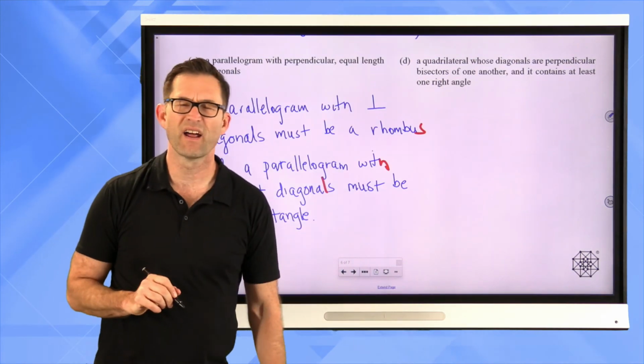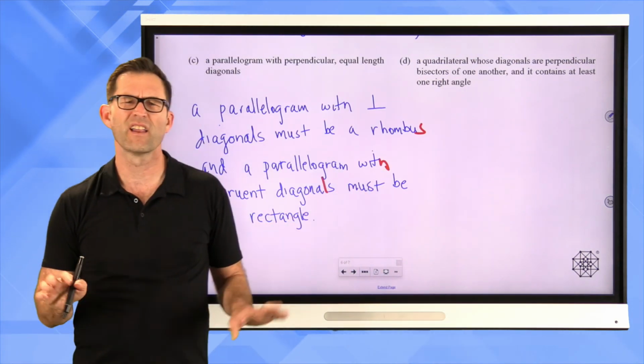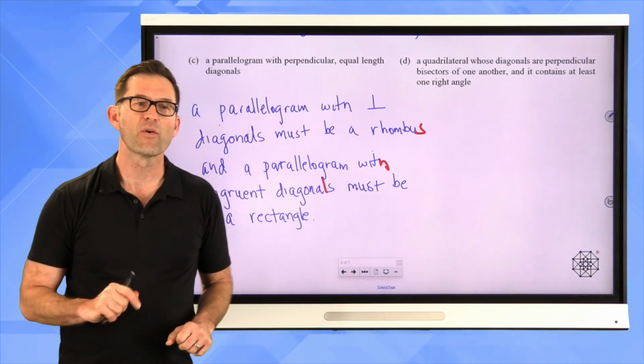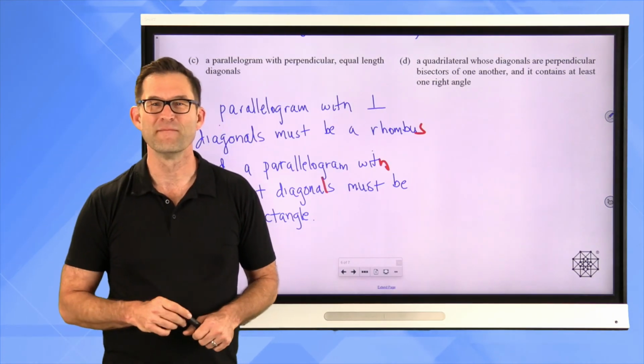Okay, and I'll just leave the red there. I kind of like it. It spices it up. Okay, let's look at our last one, letter D.